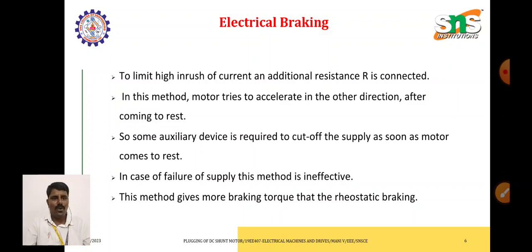So a huge amount of inrush current, or starting current, will be produced. In order to limit the inrush current, we have to insert a variable resistance in series with the armature.